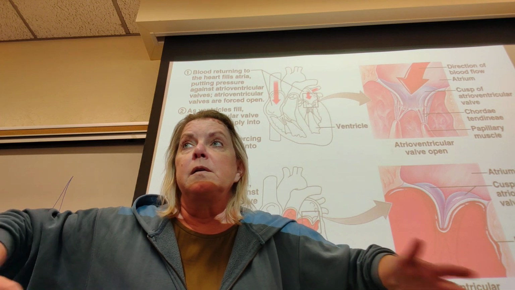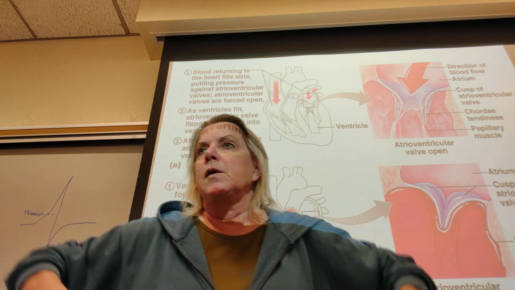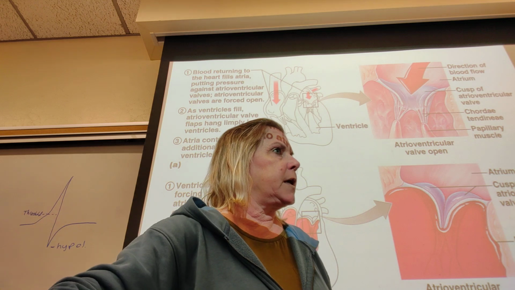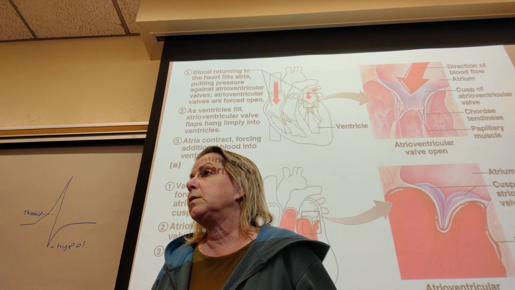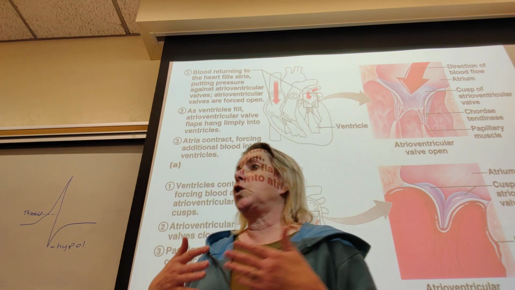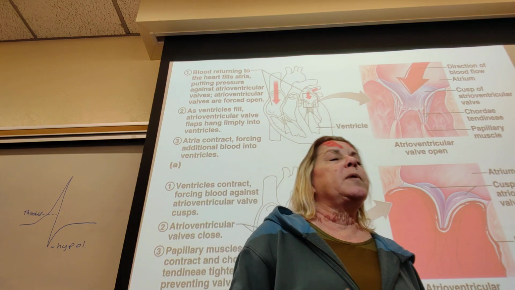Turbulent blood, reverberating, right? Pouring in, ventricles contracting, nowhere to go. Again, reverberating. That was heart sound 3 and 4. Okay, so it's not just valves closing. We can have heart sounds from open valves.